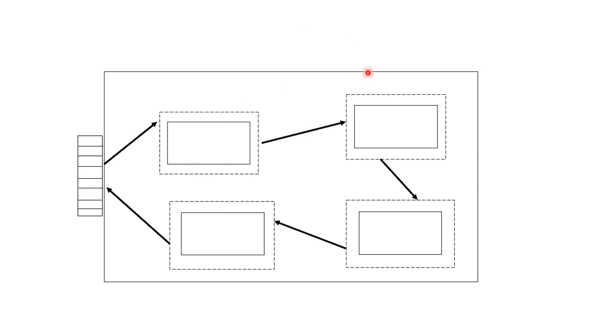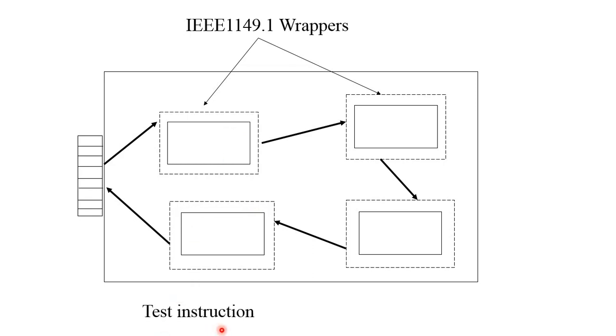These wafers are nothing but an IEEE standard 1149.1 wafer. By using this wafer we can test the chips, and not only the chips but also the interconnections. How are we going to test the chips? By taking the test instruction.